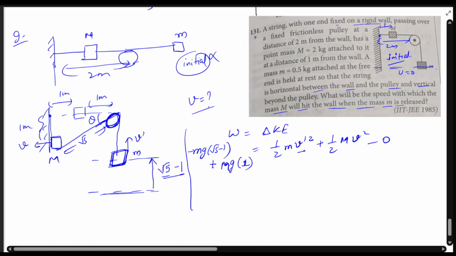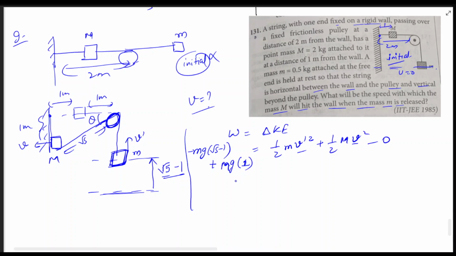But the problem is we don't know v and v dash. Okay. So look, this v is going upward. So along this length, this must be v dash. And if this is theta, this must be theta. Okay. So now this is v, this is v dash.